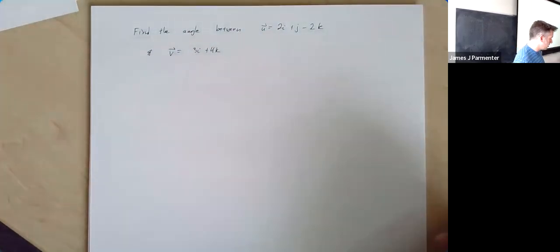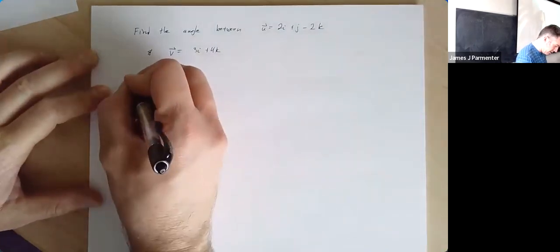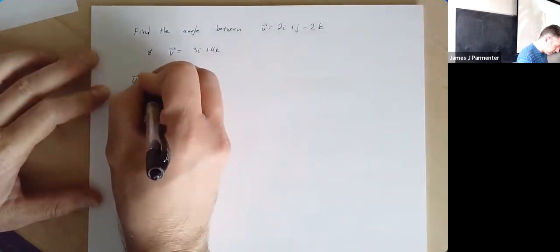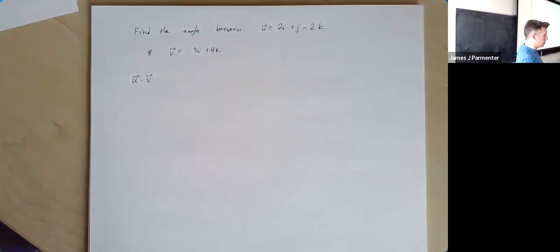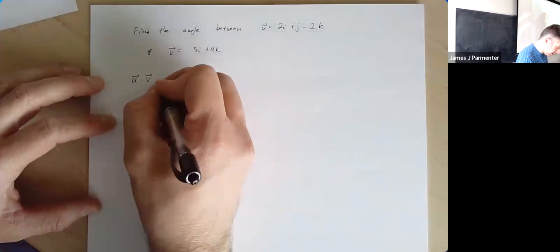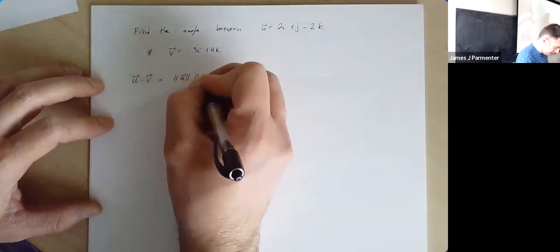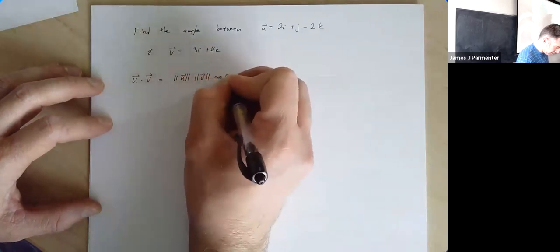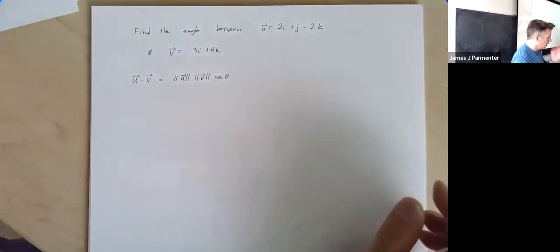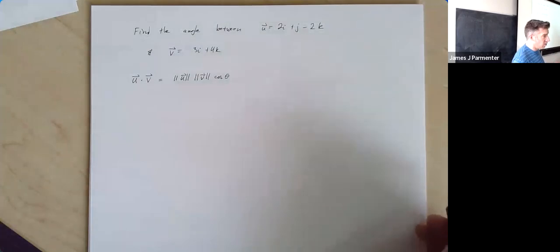Here's the idea. We have that the dot product of two vectors, we can calculate it in the usual nice multiplying components together way. But we can also calculate it as the magnitude of u times the magnitude of v times the cosine of the angle between them. Well, we can take this equation and solve for theta.